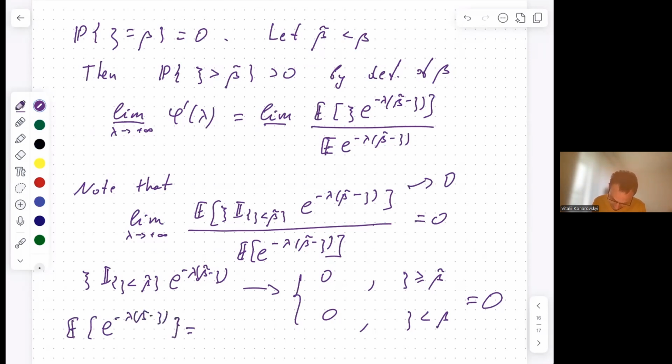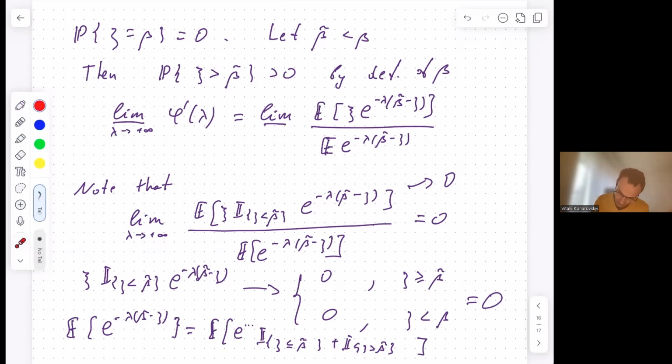You can write that as the expectation of e to that power multiplied by the indicator that xi is less or equal than beta tilde, plus the indicator that xi is larger than beta tilde. And the second indicator is not 0 with positive probability because of that property, which is here. Therefore, in this expectation there is a part which goes to plus infinity. And this explains why the limit is equal to 0.